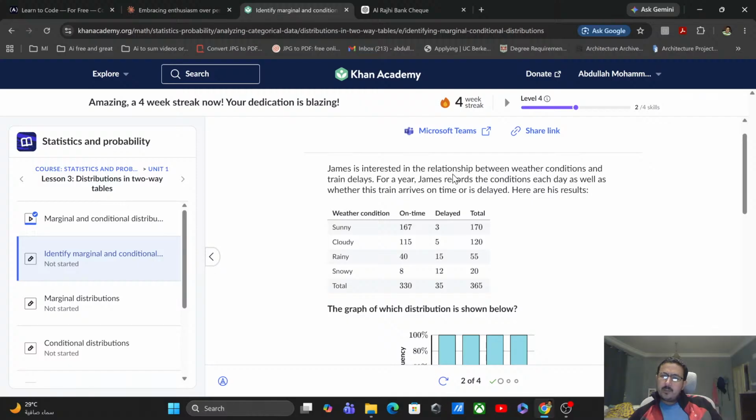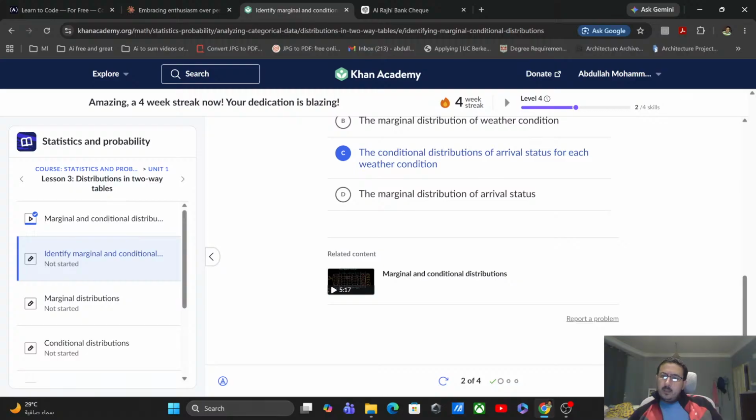It's an arrival status. The train for years records whether it arrives on time or delayed. Okay.